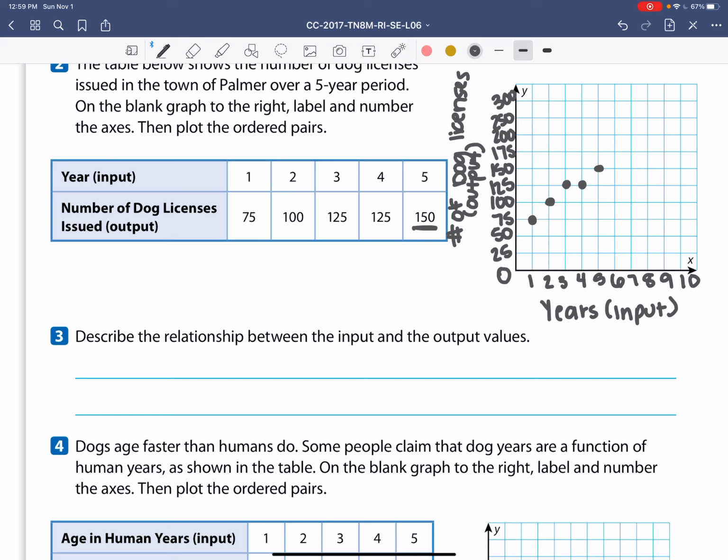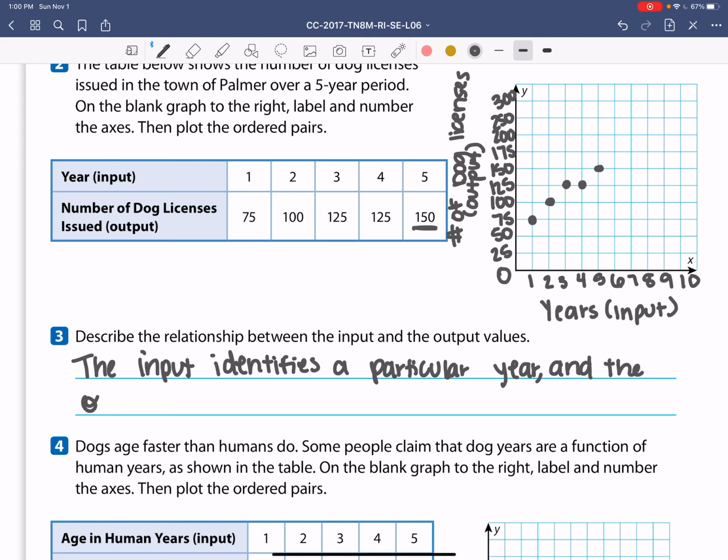So what you could put here is that the input identifies a particular year, and the output gives a number of dog licenses issued in that year.